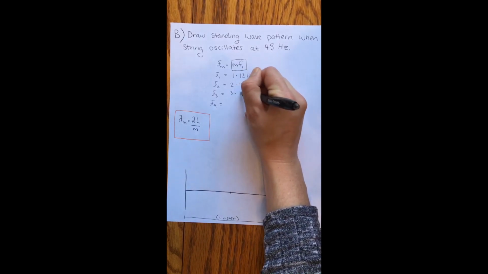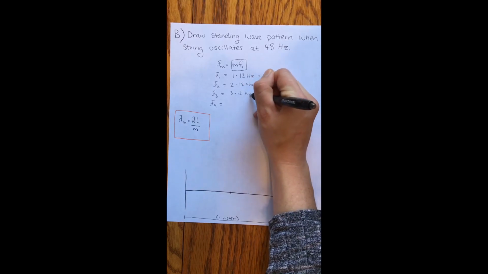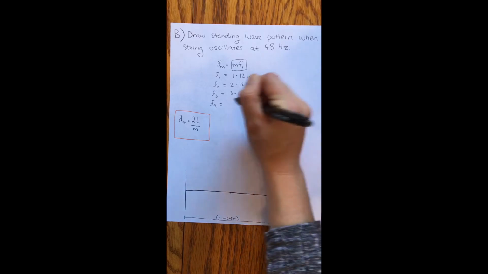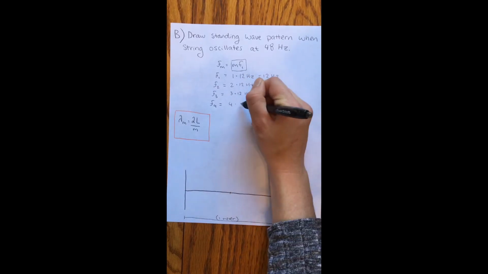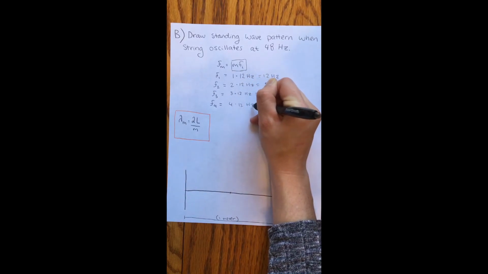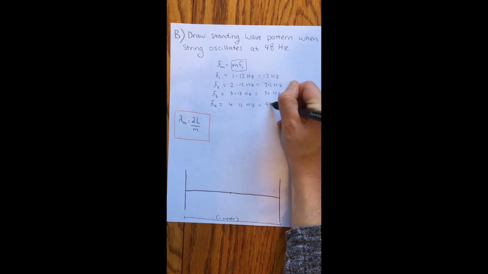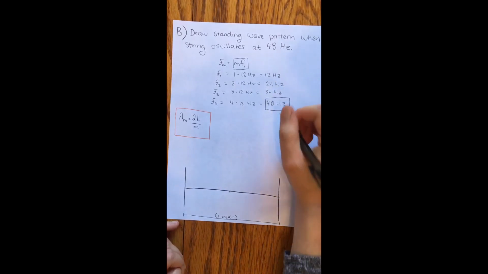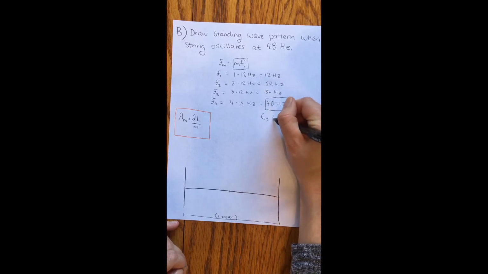3, and 4. Now this is what we're looking for. So it turns out that 48 hertz is a product of the fourth harmonic.